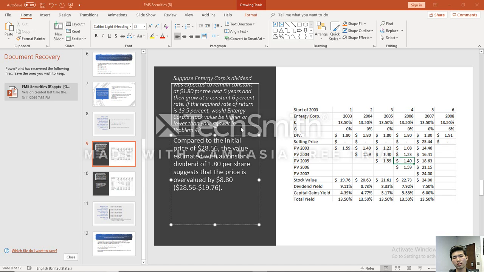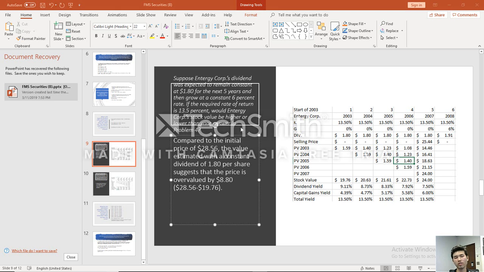So this question asks, suppose Energy Corp's dividend was expected to remain consistent at $1.80 for the next 5 years and then grow at a constant 6% rate. If the required rate of return is 13.5%, would Energy Corp's stock value be higher or lower than the answer in problem 4?